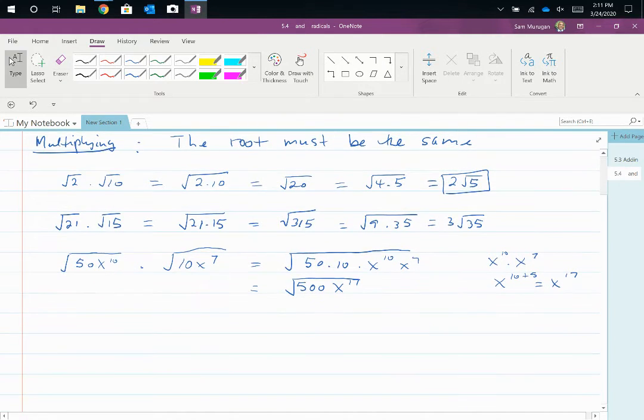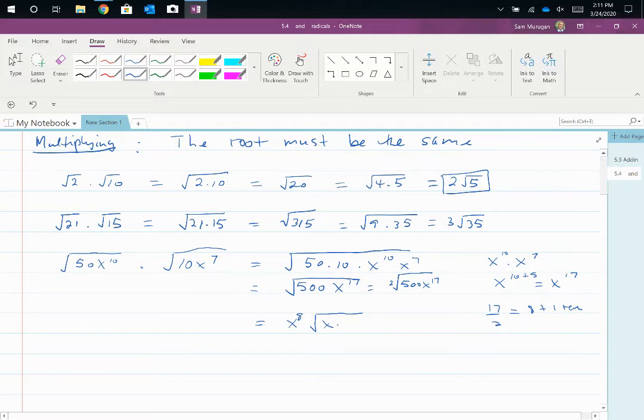So let's look at our options here. This is the square root. I'm purposely writing the square root here so we can divide. So we're going to put an x outside, and keep an x in here. 17 divided by 2 is 8 plus 1 remainder.